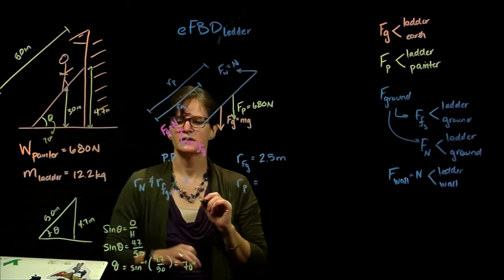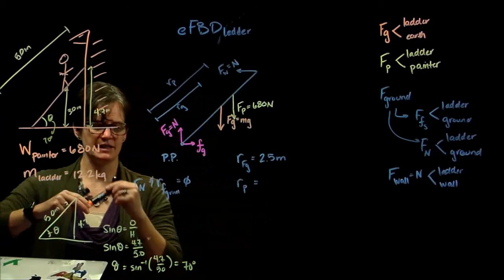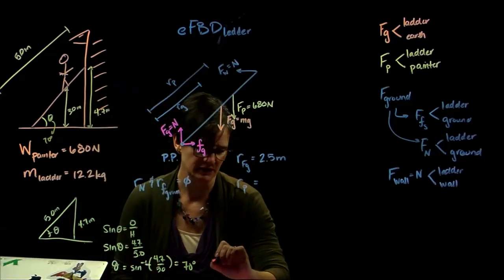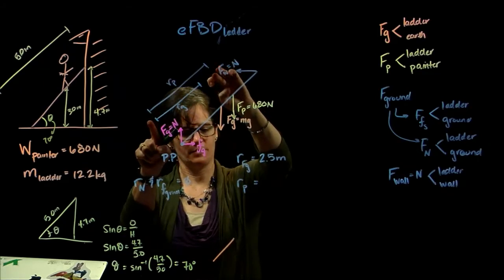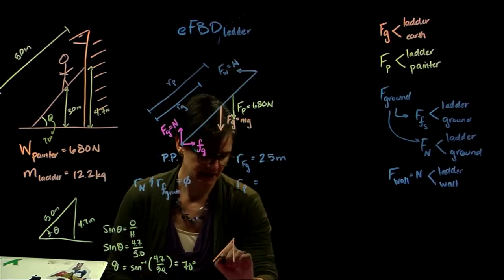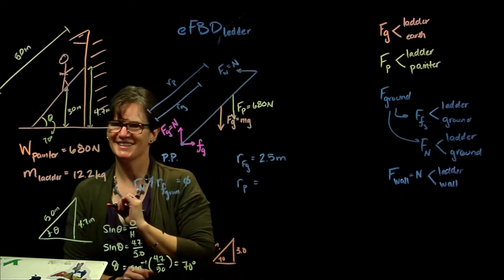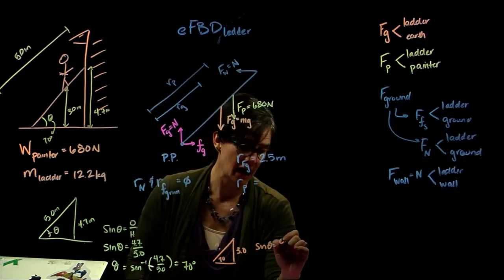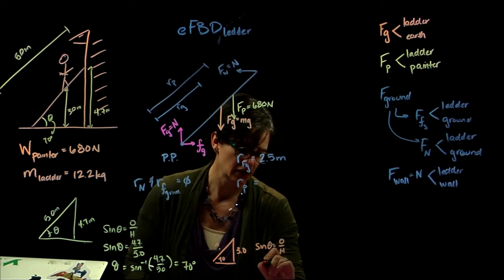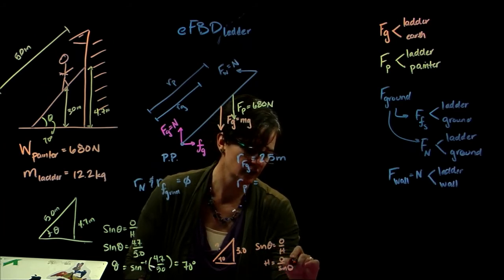All right, so if I know that angle is 70 degrees, I can draw another triangle, because again, I'm trying to get the radius from the pivot point to the painter, wherein this is still 70, and this now is 3 meters high. And we want to know what that side is. Again, the sine of our angle is the opposite over the hypotenuse. So the hypotenuse is the opposite over the sine of our angle.